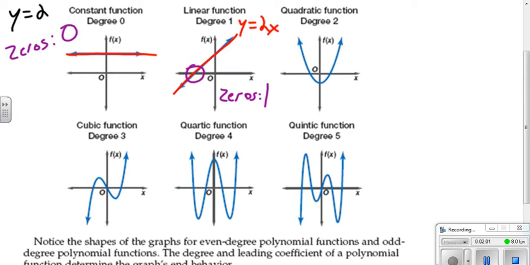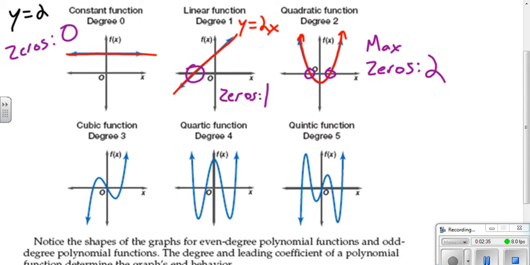Now if we look at quadratics, remember those always create this parabola. Sometimes they can point up, sometimes they can point down. And they don't always have to go through the x-axis. Remember, we can have a parabola that looks something like this. So it doesn't touch the x-axis at all, but we're going to say at most, the maximum zeros, the most that it could ever touch the x-axis, 1, 2 times.